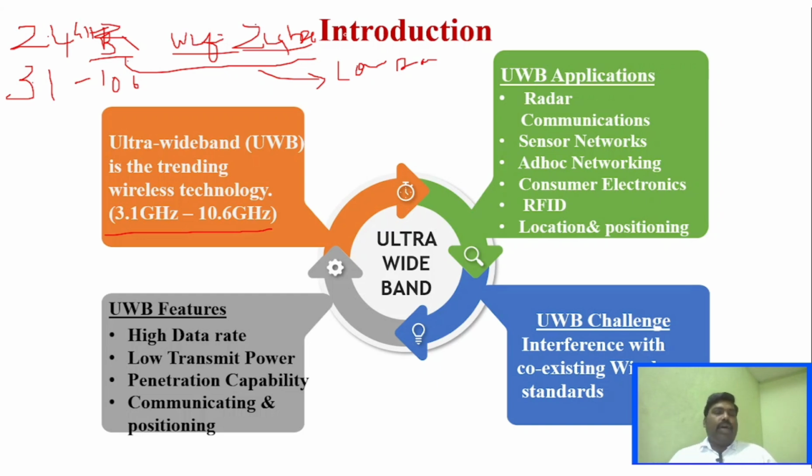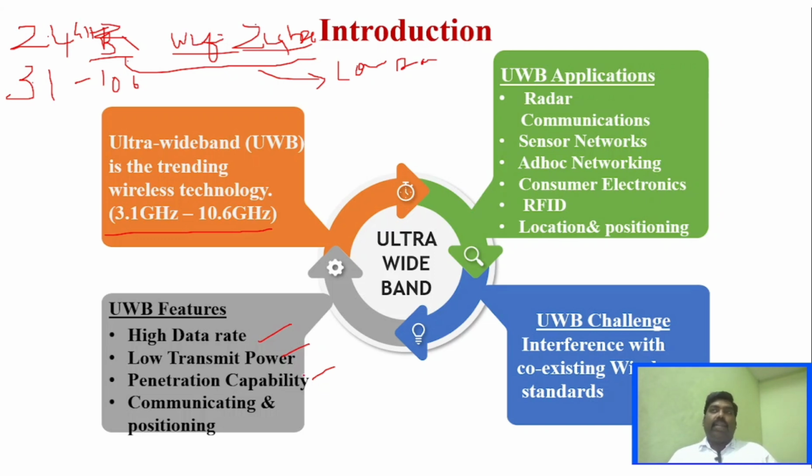Now you understand what UWB is, and these are the important features: high data rate, low transmit power, and penetration capability. This is very, very important. In this technology, the center frequency is very low and the power spectral density is low as well. So it can penetrate walls and materials, and so it can be used in radar applications and military applications. This plays a very vital role in radar applications.